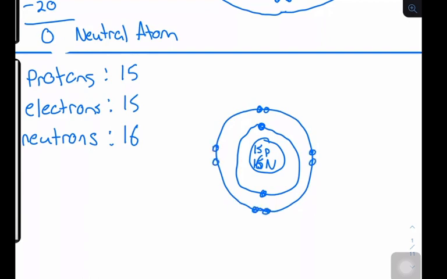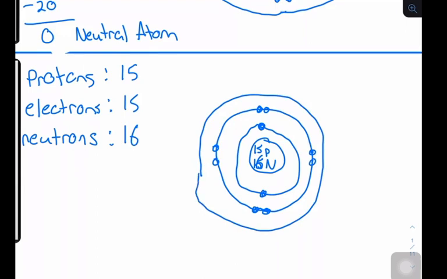So that makes a total of 10. So I have 5 more electrons to draw. I'm going to draw one last circle here. And 1, 2, 3, 4, 5. So in total I have 2 plus 8 is 10, plus 5 is 15.